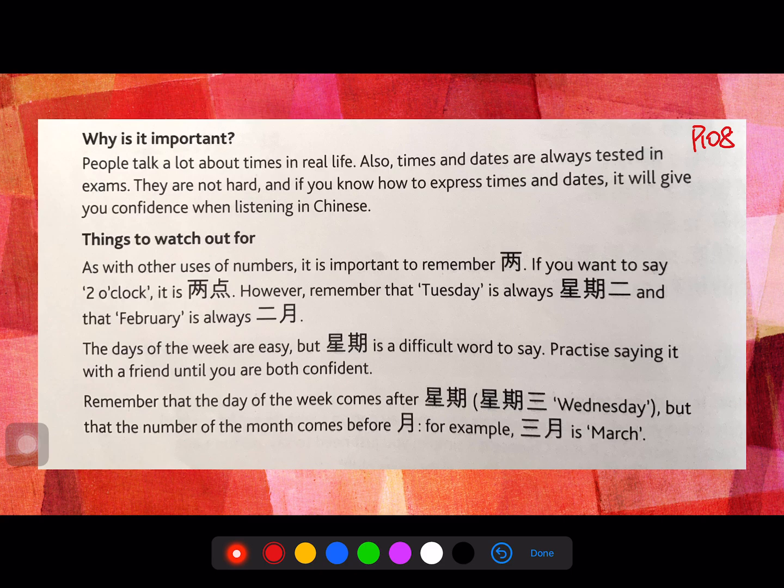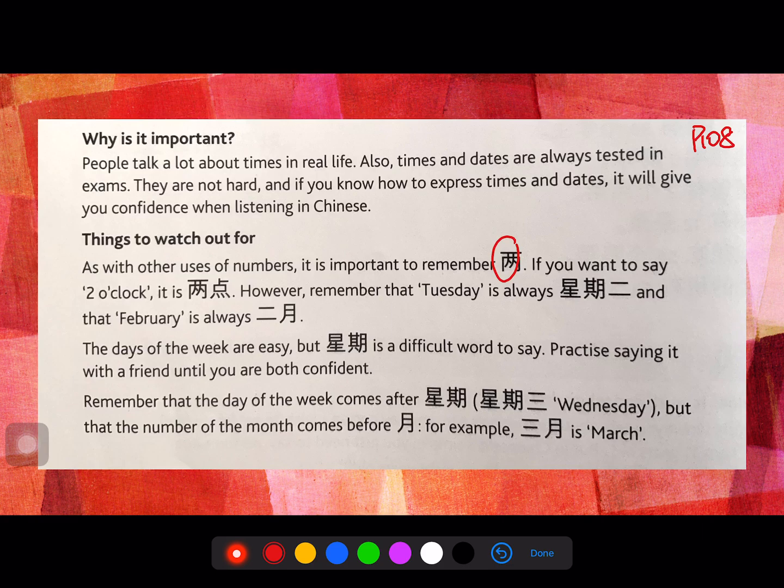As with other uses of numbers, it is important to remember 2. If you want to say 2 o'clock, it is 两点. However, remember that Tuesday is always 星期二 and that February is always 二月. So when we introduced the concept of changing 二 into 两, a lot of you are thinking, do I need to change every 二 into 两?